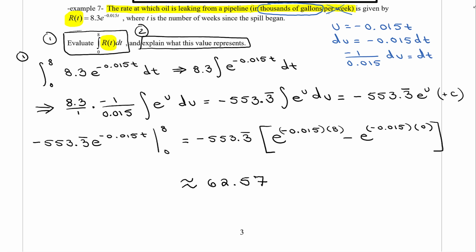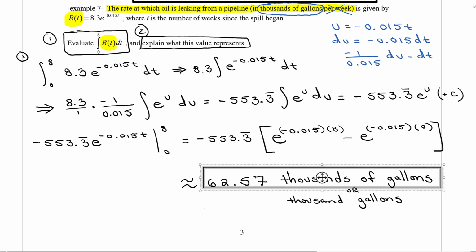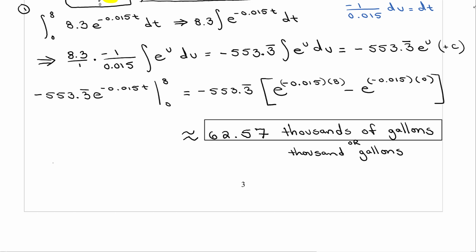I've circled the thousands of gallons, crossed out where it says per week, and I'm just going to label this number as 62.57 thousands of gallons. And that's going to be our answer. Another way we could write this, I'm going to put or, we could also write it as 1,000 gallons. I've boxed that in as our answer.